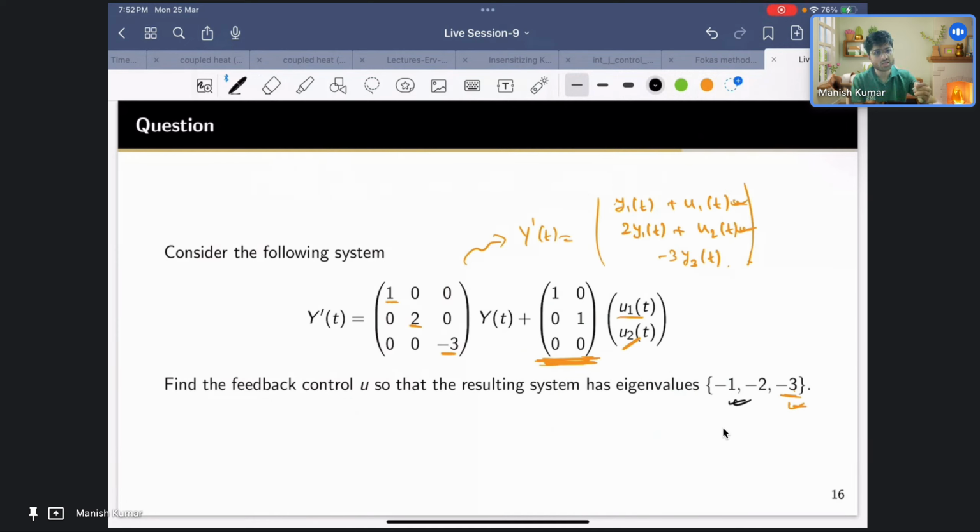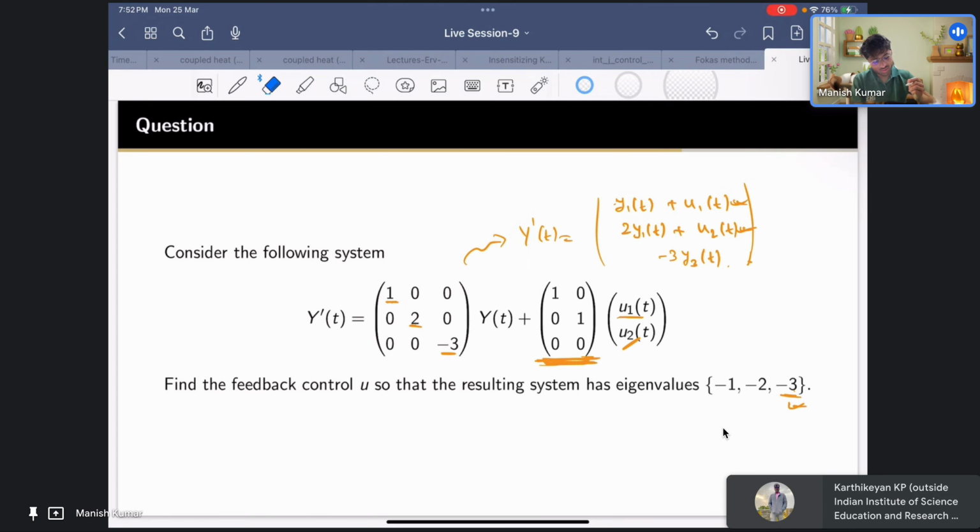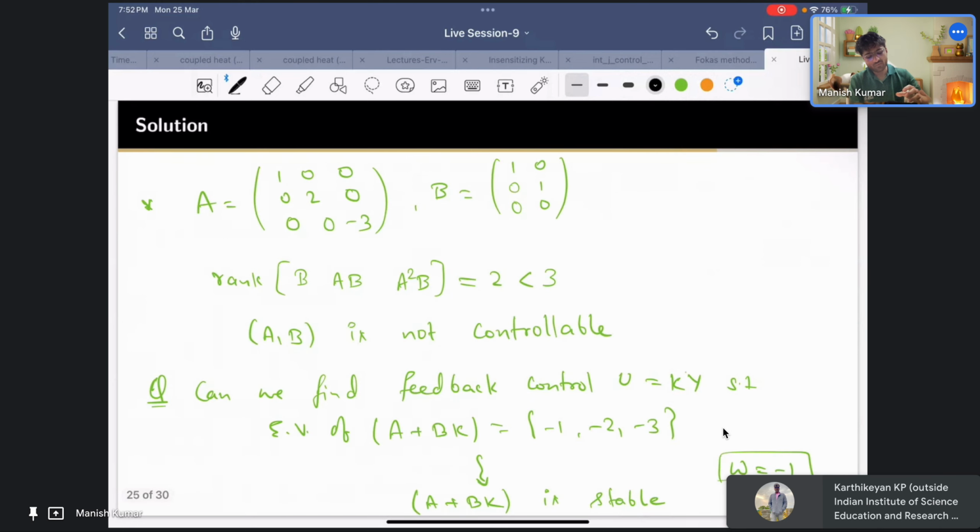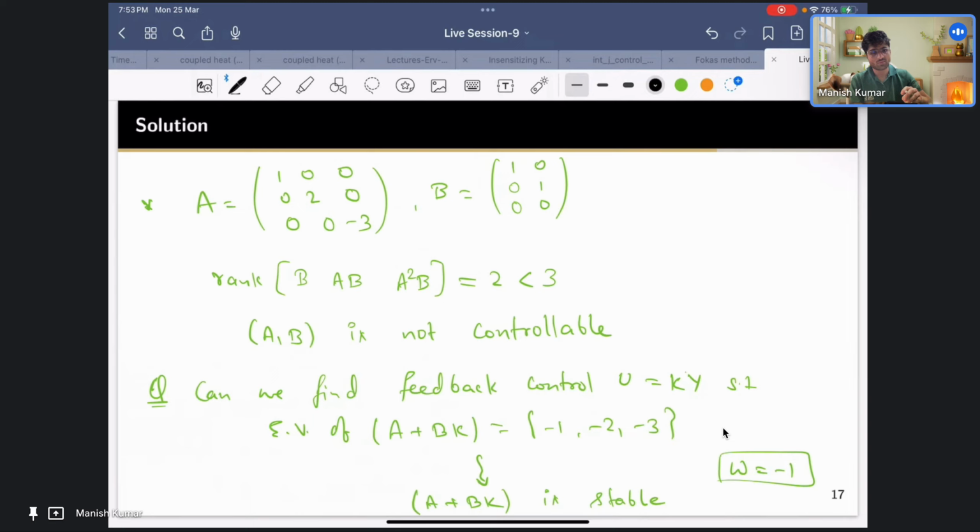So the maximum decay, I mean the decay you can get whatever you want by changing these two eigenvalues. You can get probably any decay rate. Okay, but that's not the question here. So the system was not controllable, but still we got the stabilizability of the system.